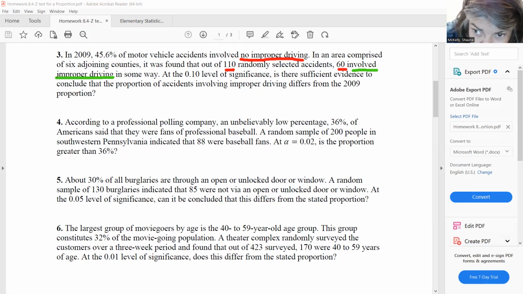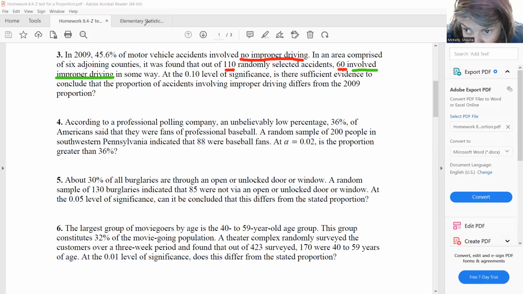At the .10 level of significance, is there sufficient evidence to conclude, okay, now to figure out my null hypothesis, I need to figure out what group they're talking about.